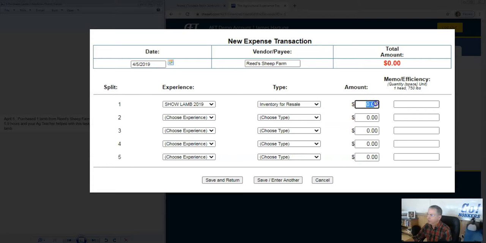How much did we spend? $350. Once again, do not put dollar signs in or commas anytime that we're doing these financial entries. And once again, here we have that memo. This is like a note to yourself. And so we want to briefly state what this transaction is about.